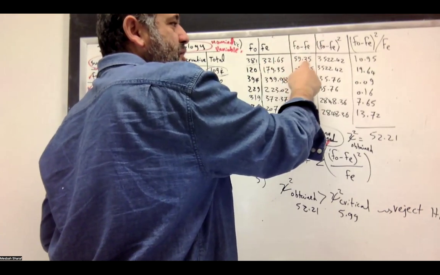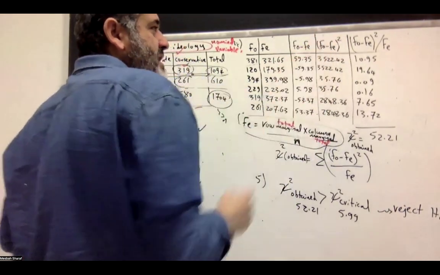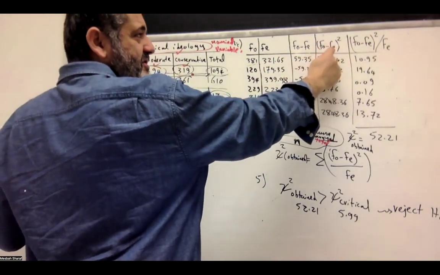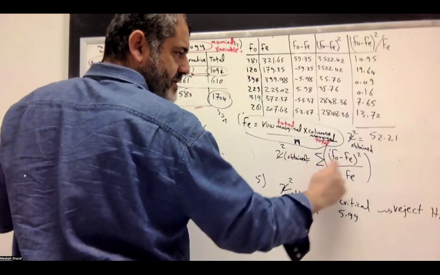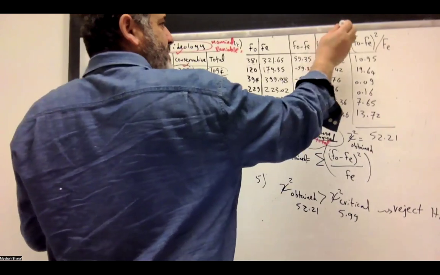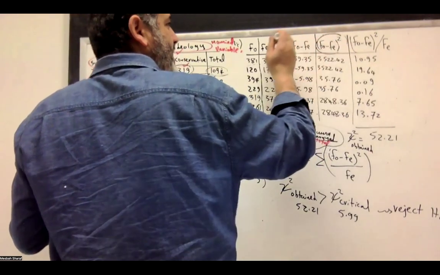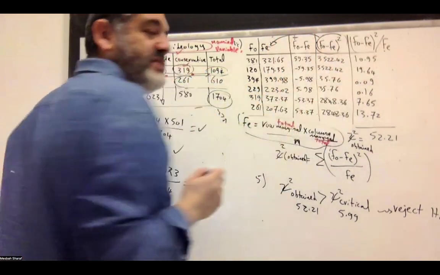So 59.35 squared, you will get this number. And then you divide that column by the expected frequency. And this is what you get.